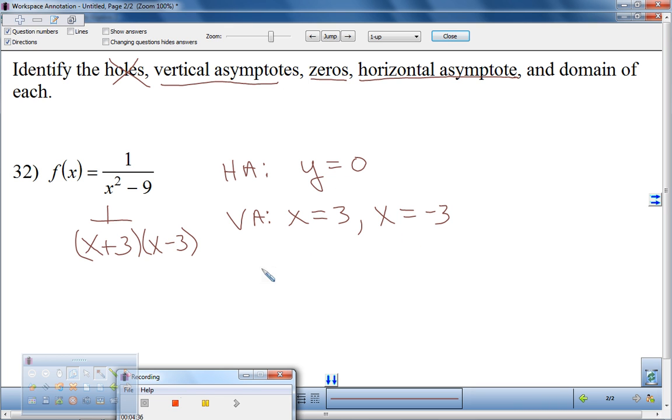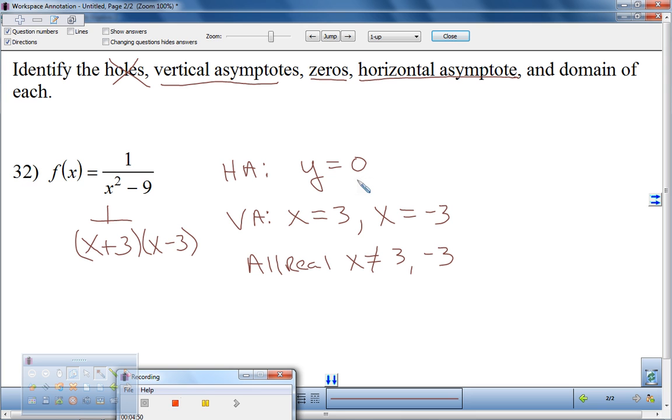Then our domain restriction is going to be all real numbers, with the exception of our vertical asymptotes here. So x is all real, with the exception that x cannot equal 3 or negative 3. Again, let's go back to this. The horizontal asymptote is 0 because our largest degree is on bottom.